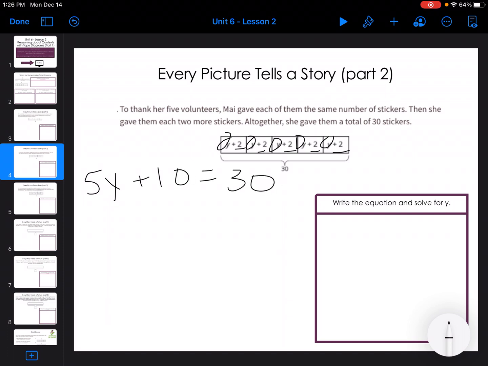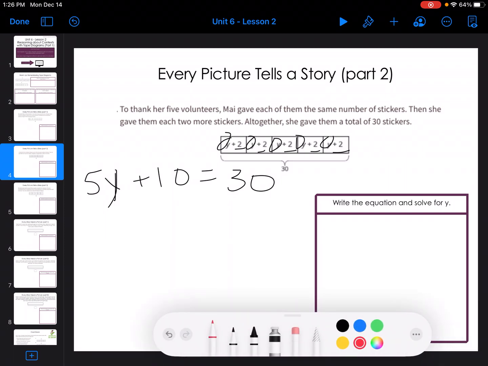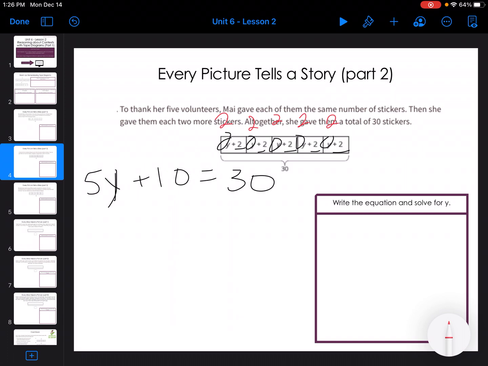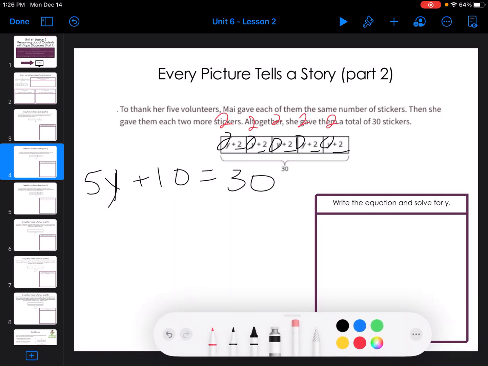So that's my equation. Okay, so I want to think of a number that I could replace in here. So let's try 2. So that's 4, 8, 12, 16, 20. That's too small.